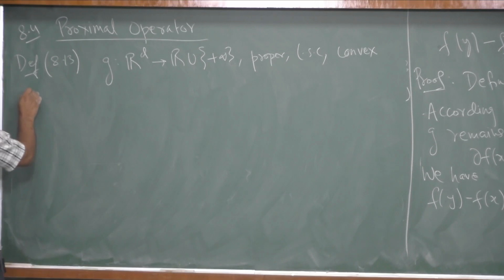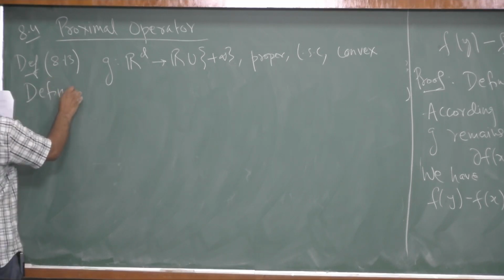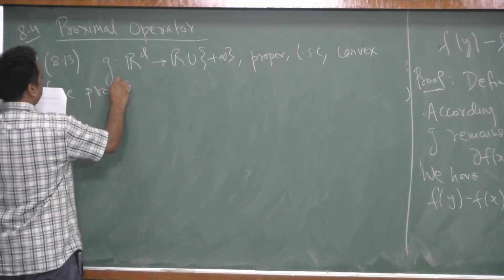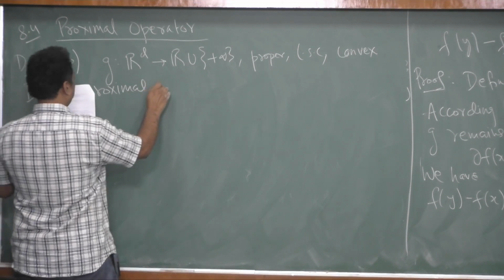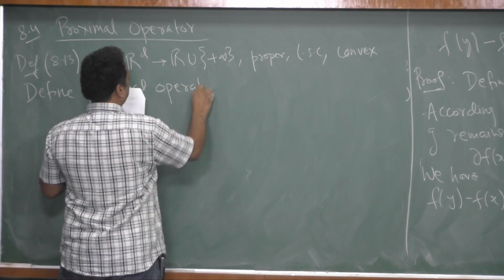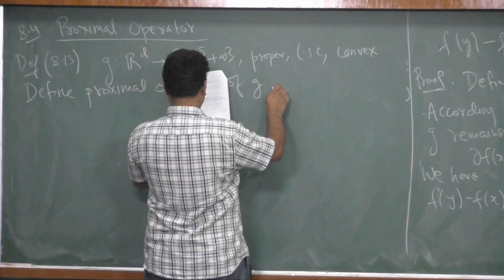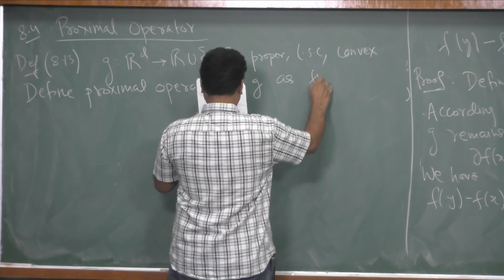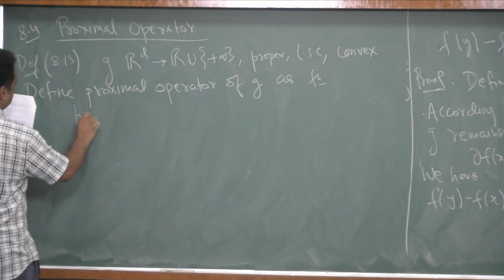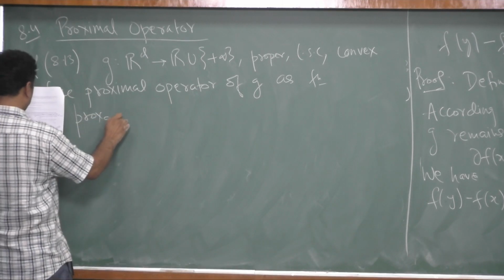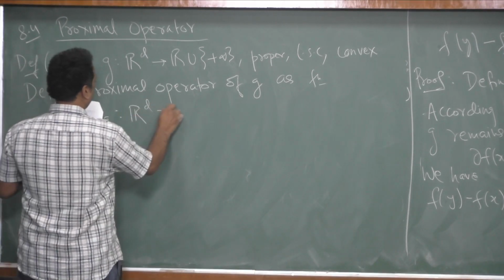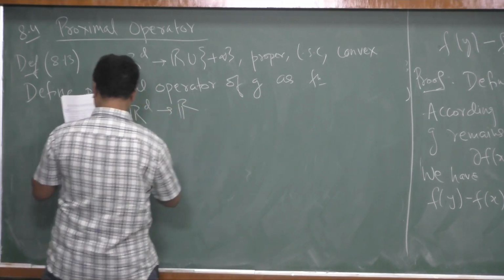We define the proximal operator of G as a function prox G from R^d to R^d as follows.